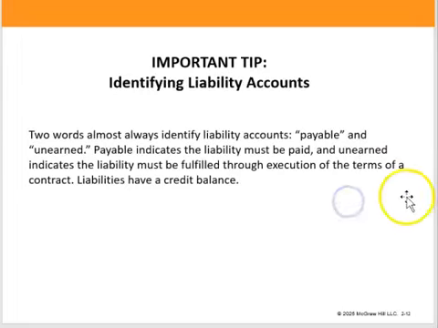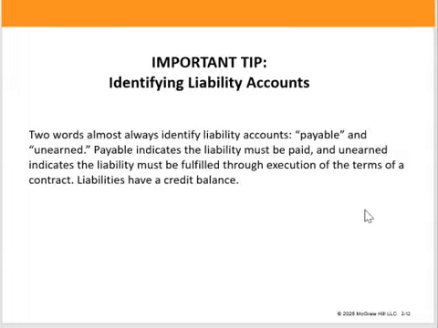Okay, so again, two words, payable and unearned. So if somebody pays you a deposit to get you to do some work for them in the future, that's called unearned revenue. And you are liable to either pay them back or provide them with that service. And then the payable, for example, accounts payable: you used that service and now you're due to pay your bill.